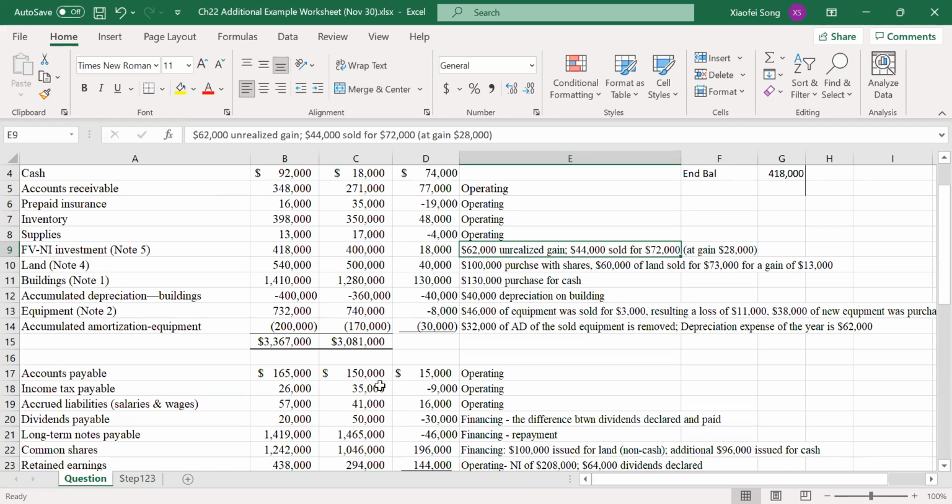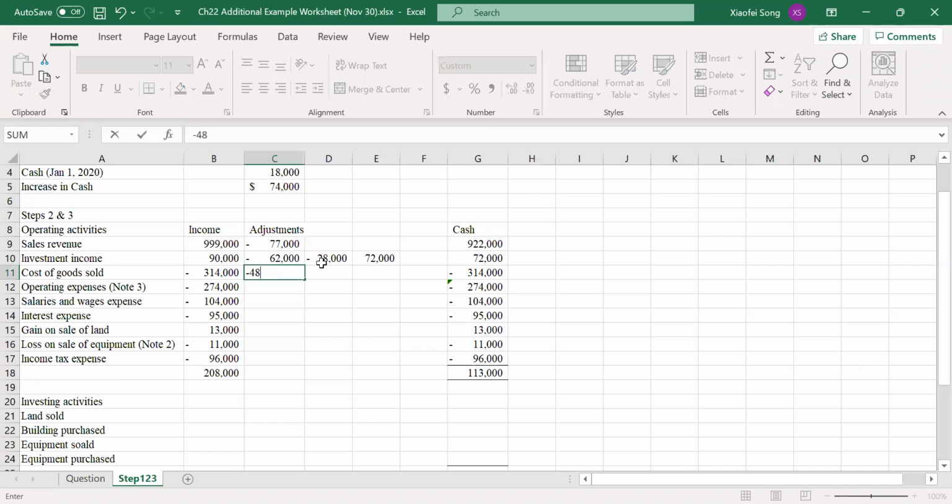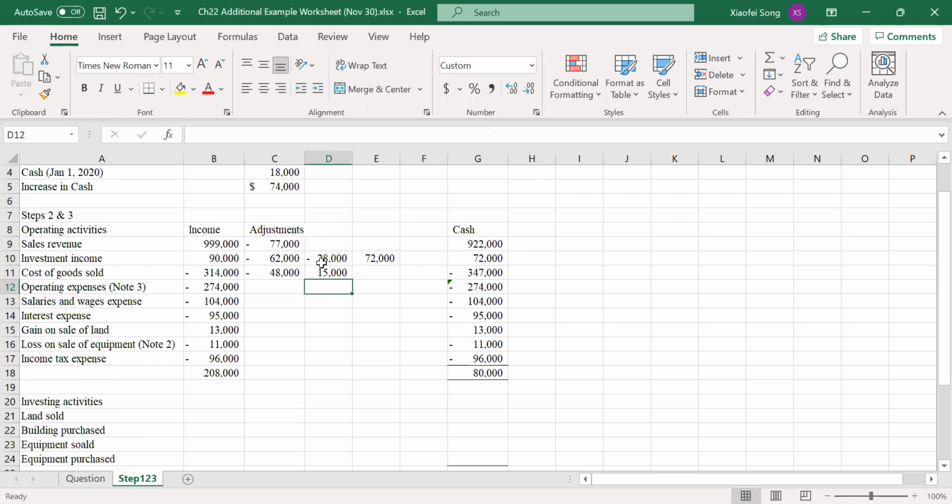Added, right? So one is subtracted, one is added. We subtract the inventory increase, and we add the accounts payable increase. Again, I apologize, I condensed this here, but if you wonder about a number, just go back to the previous pages.